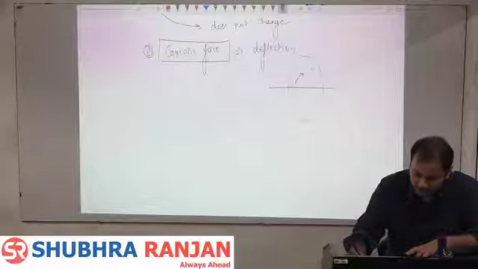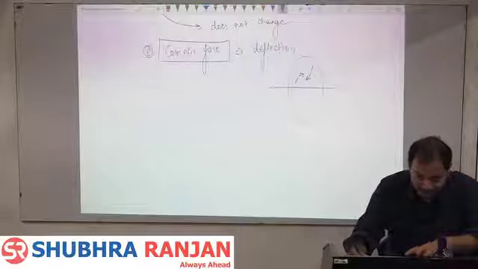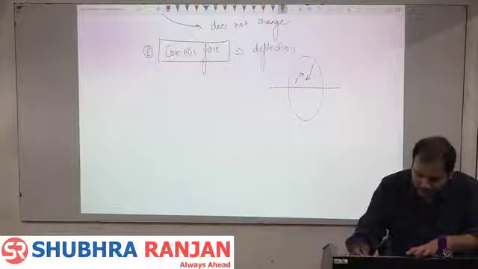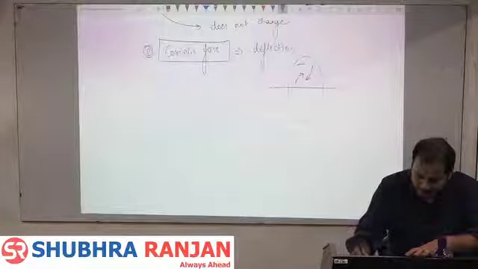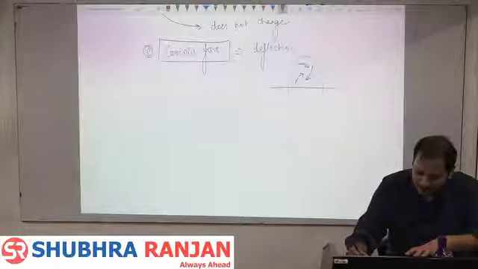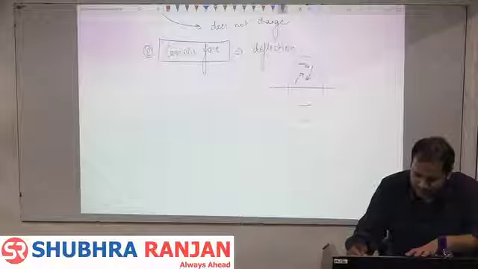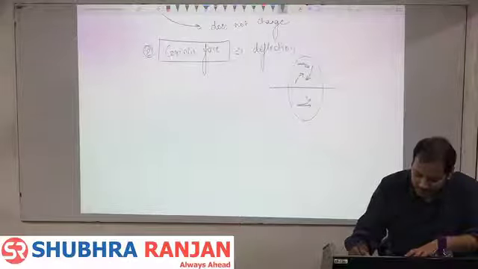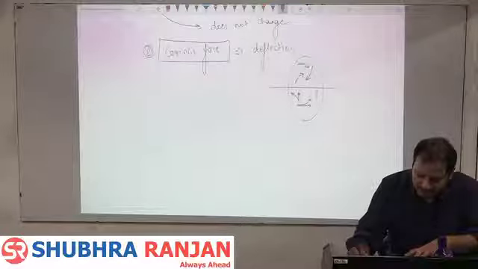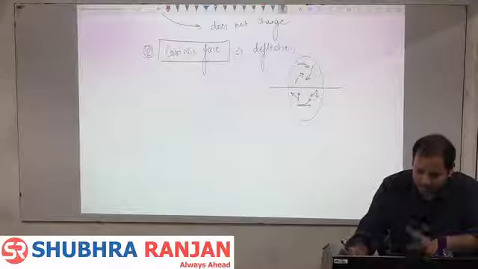Any wind in the northern hemisphere, rather than coming straight, will get deflected to the right of its direction. Both are the right hand side. And any wind in the southern hemisphere, if it is going like this, it will get deflected to the left of its direction.